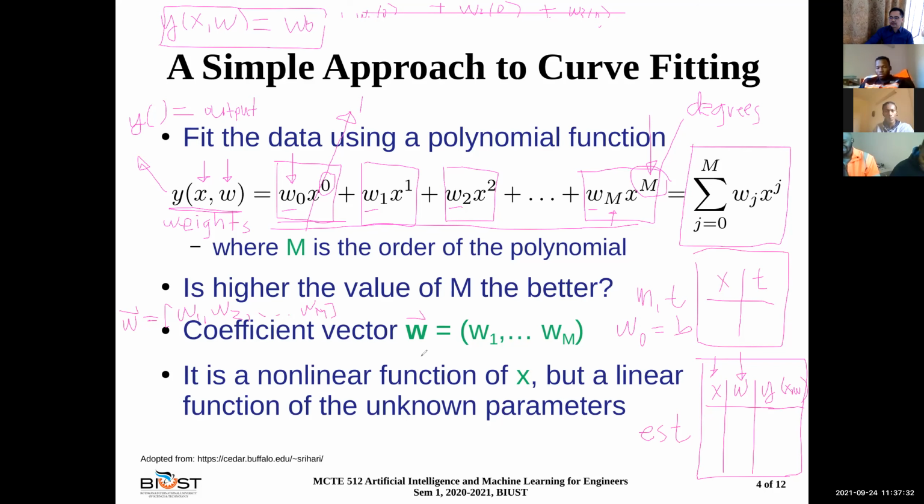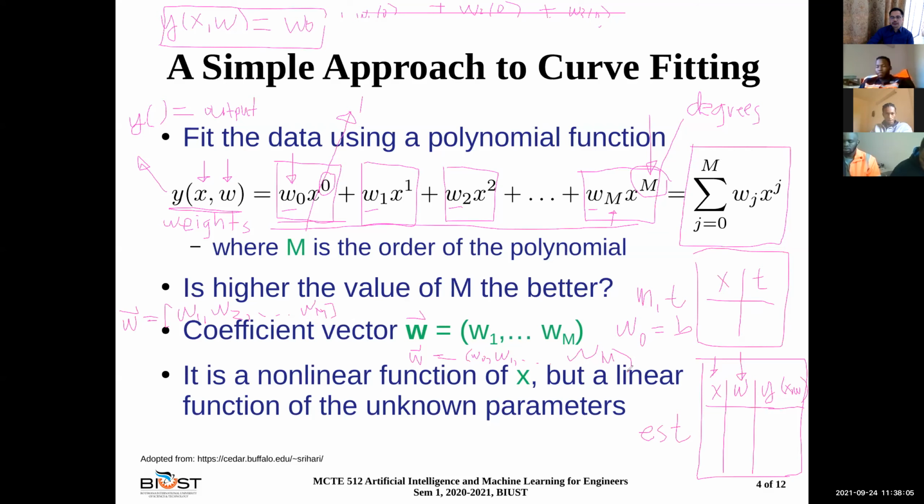In some cases your w includes the w0, so it starts with w0, w1 up to wm. I'm just giving you a feel of the polynomial. We're not yet doing the computation.